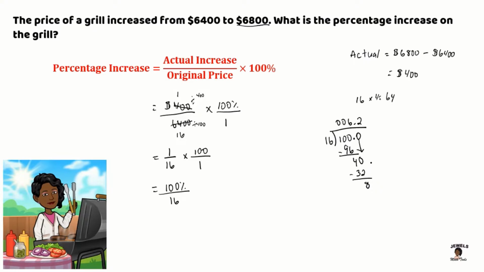And again, if you want to divide all the way out, that is still fine, because we know that 80 is in the 16 timetable, and 5 times 16 is going to give us our 80, and 80 subtract 80 will equal 0. So my percentage increase on my grill is 6.25%.